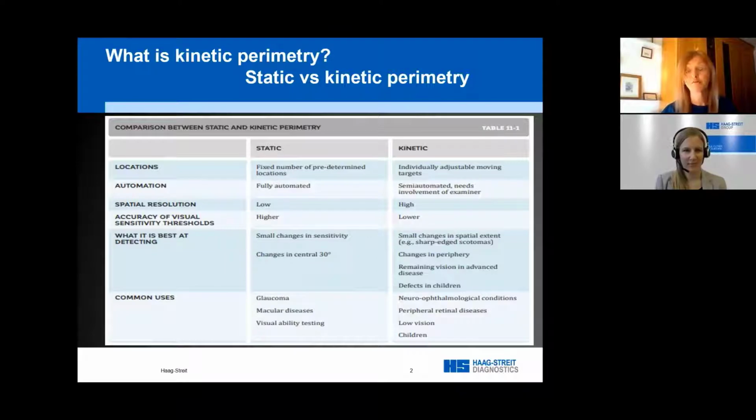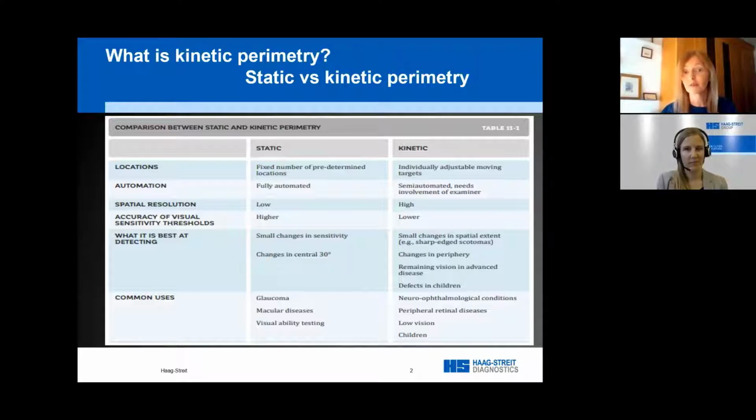Yeah, well, there are quite a few advantages, but I think it's probably first important to say that we should also know the advantages of static perimetry, not just kinetic. There really should not be a competition about kinetic versus static perimetry, but actually it should be an informed choice as to what's best to test the visual field of your patient for, dependent on their condition and the ability of the patient to do the test.